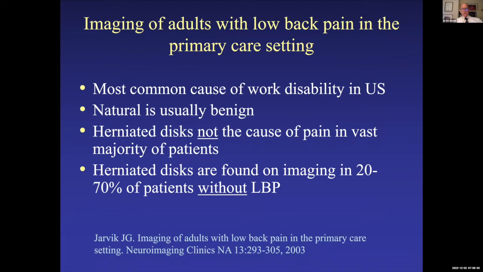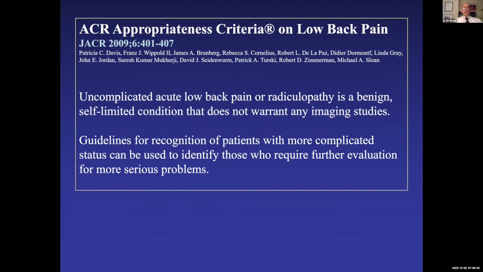So this is from Jerry's article in the Neuroimaging Clinics in 2003. And the conclusion is back pain is the most common cause of work disability, usually benign. Herniated discs are often not the cause of pain in most patients. And you can see discs and other problems in 20 to 70% of patients who have never had back pain. The American College of Radiology develops appropriateness criteria for all sorts of clinical conditions.